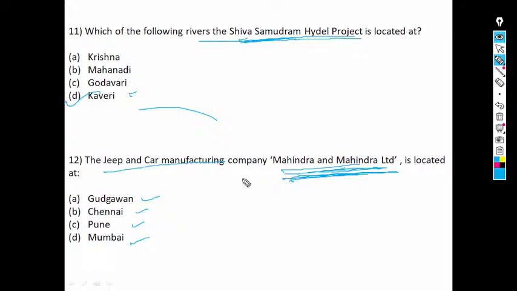It is Mumbai. Let's see the answer. It means the car manufacturing company, it is asking about the headquarters.